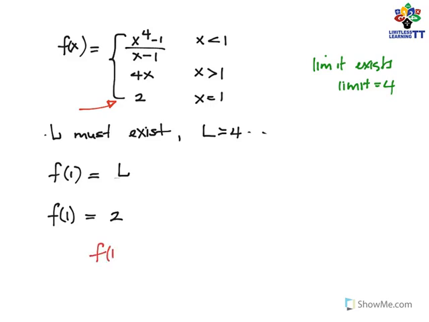So f of 1 is not equal to my limit L because 2 is not equal to 4. So because they are not equal, it means that f is not continuous at x equal to 1. So f is not continuous. Right, so that is 6, part E.